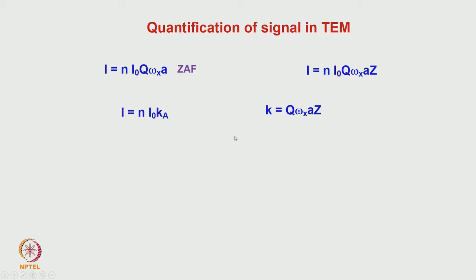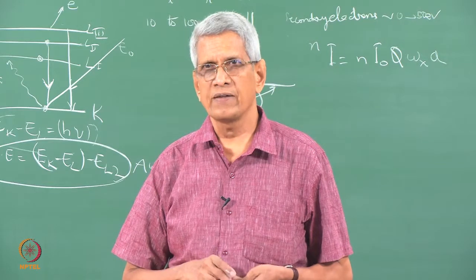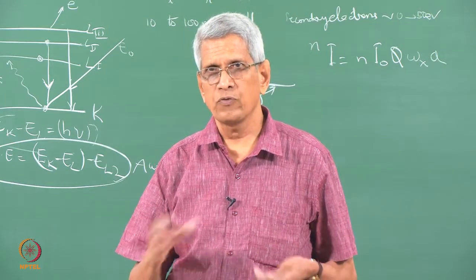If we use a standard, these terms are going to be the same, apart from the number. That way, using a standard and comparing, we can get the concentration very accurately. That is one way.